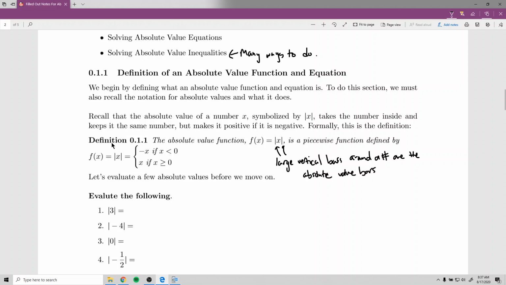The way that it's defined, f of x equals the absolute value of x, negative x if x is less than 0, and x if x is greater than or equal to 0.